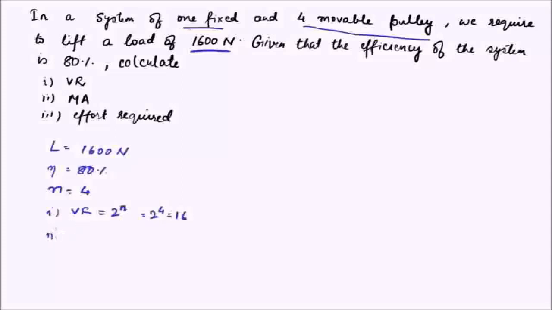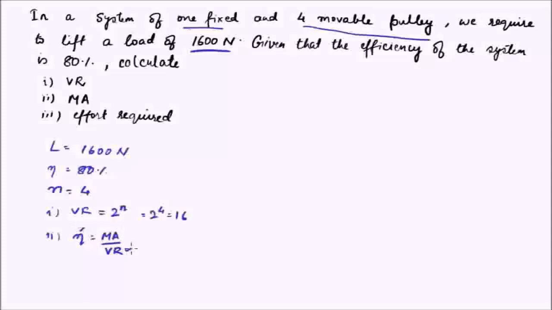Now the second part asks us to find mechanical advantage. If the efficiency were 100%, then the velocity ratio and the mechanical advantage would have been same. But the efficiency is 80% rather than being 100%. So we'll use the relation efficiency is mechanical advantage upon velocity ratio to find the mechanical advantage.